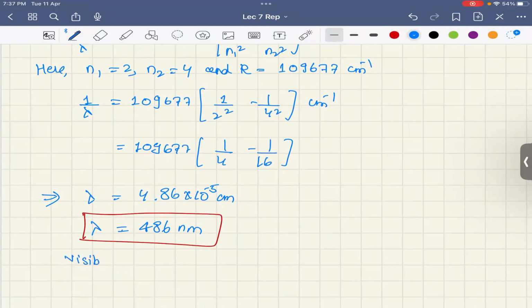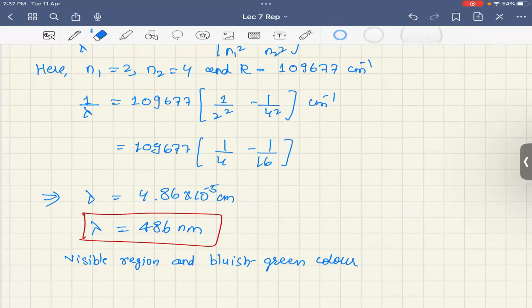If you want to find out whether it's towards red or towards violet, then we have to look at the electromagnetic spectrum, and when you do that, we see that this is a bluish green color, right? So this also has to be marked, right?